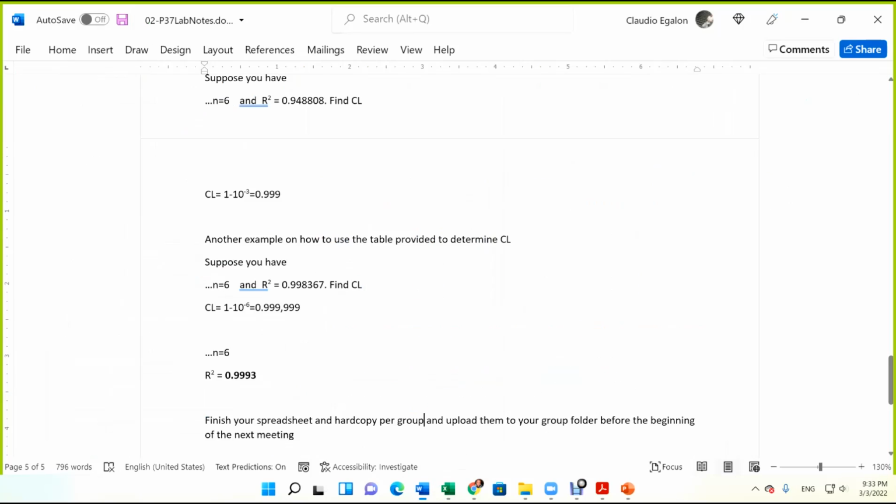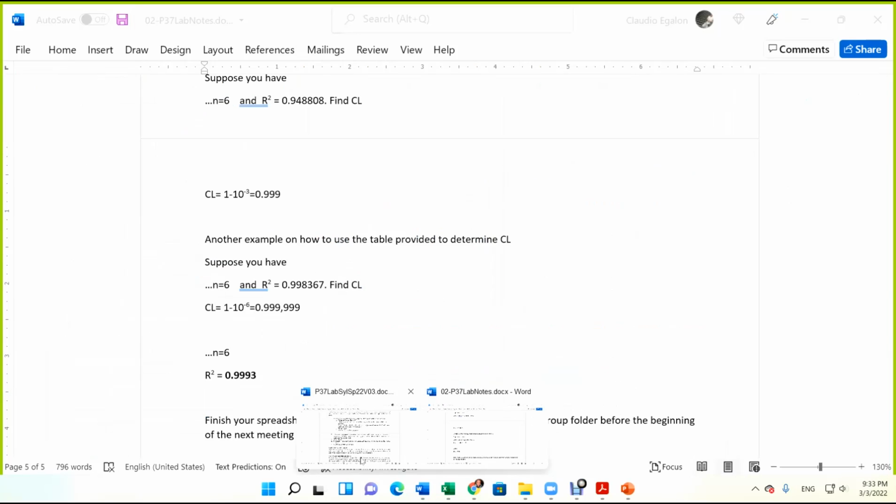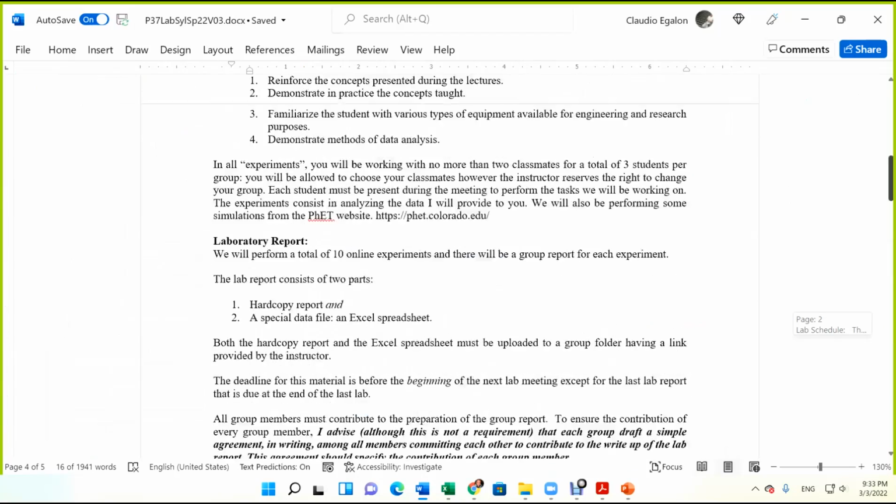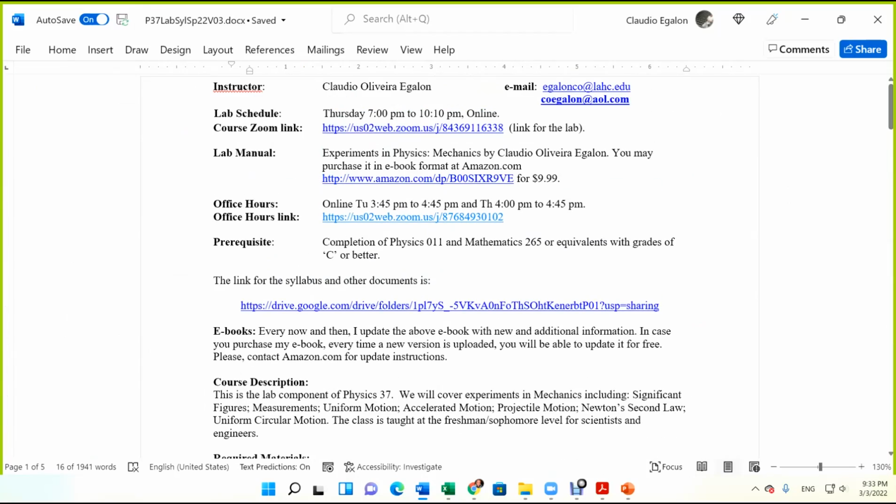Sometimes I check the email from the college, but if you want to reach me right away, I'm checking this email all the time. I don't have the habit of using Canvas. All right, thank you.